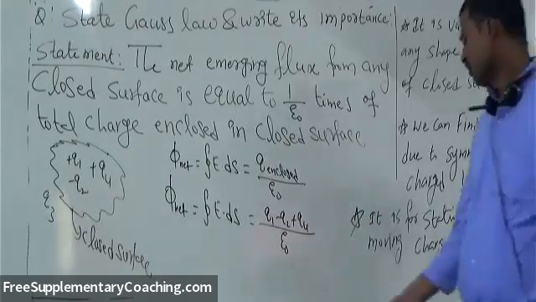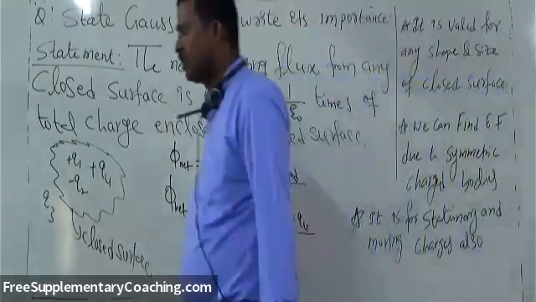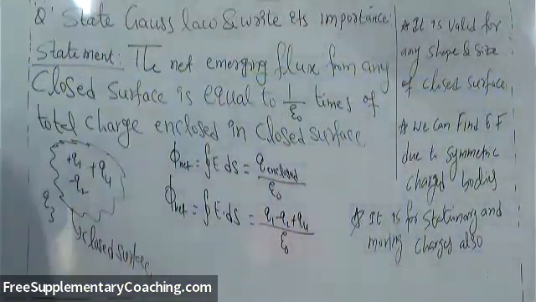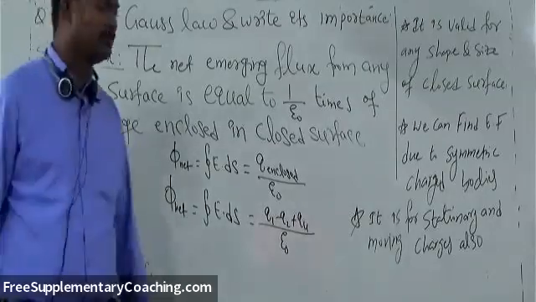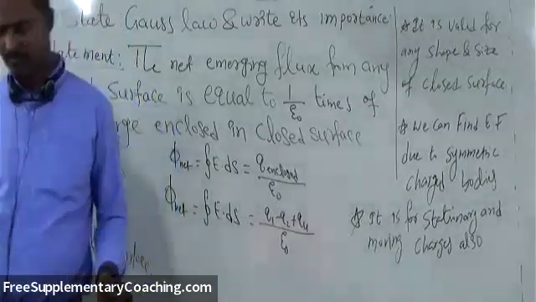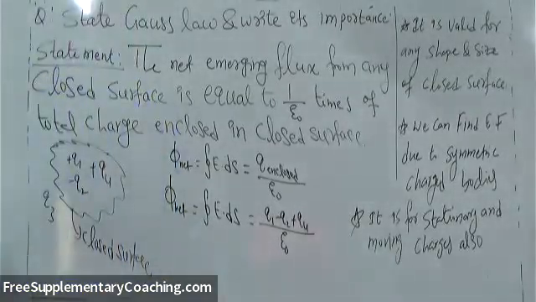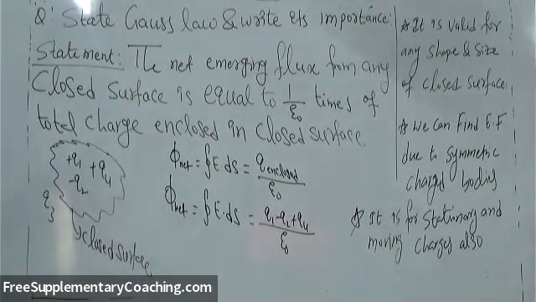Okay. So these are few importance of the Gauss law and the statement of the Gauss law. Is it clear? Clear, na? So these are two questions, little bit easy only because no mathematical equation much involved, simple statement and the equation. That's it.